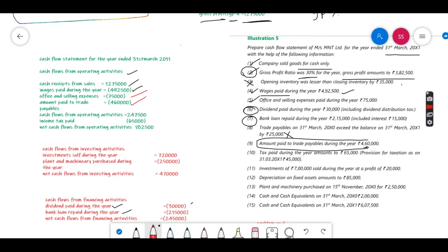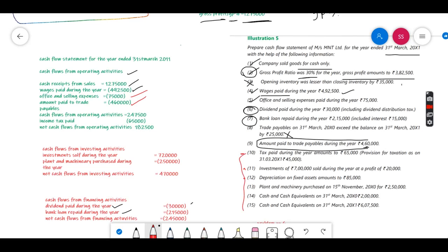Next, tax paid, and then investments, depreciation, plant and machinery purchased. So far in all this there is no operating activity. So let's close the operating activities first.